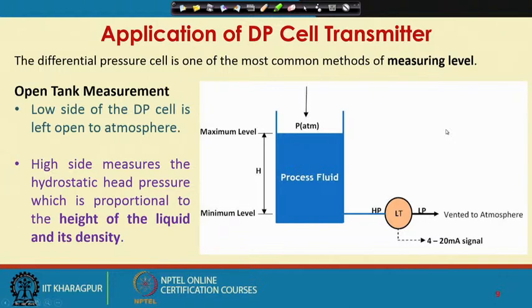So, basically your DP cell is used to measure the level of the liquid by attaching the DP cell at the bottom of the tank. Then you make use of the delta P equal to rho g h formula.